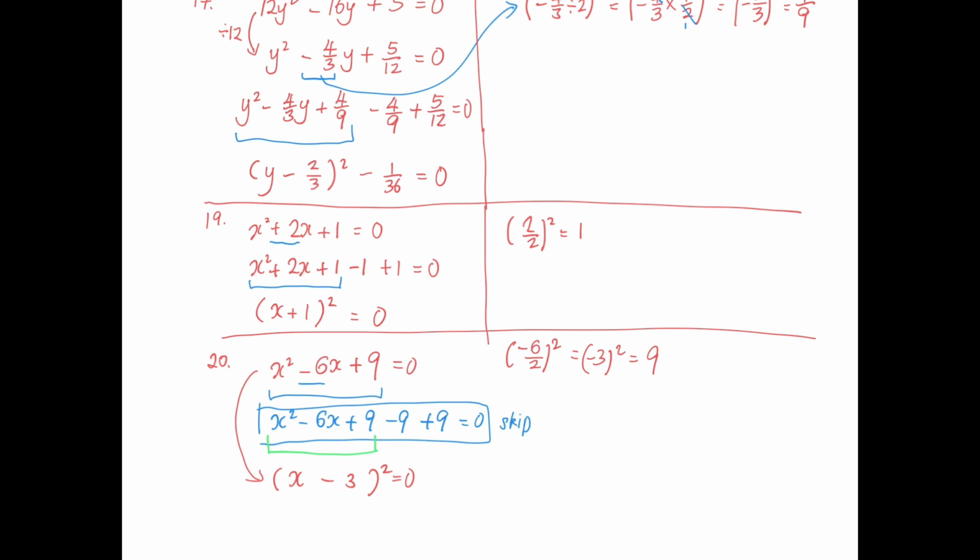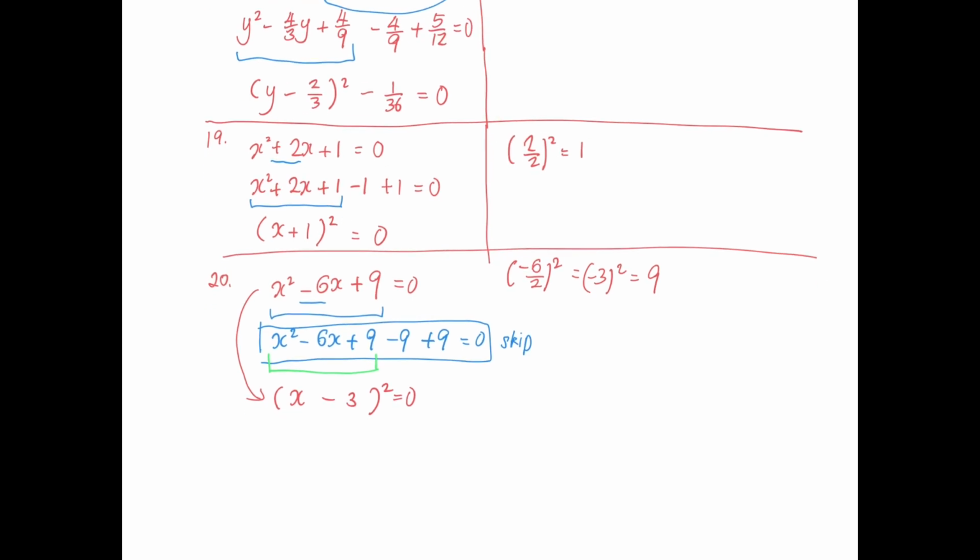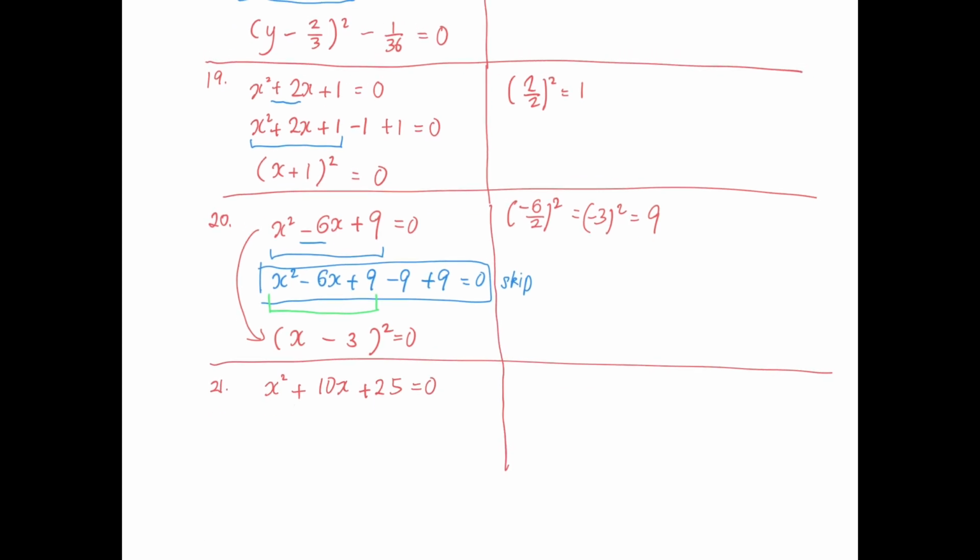Question 21 is x squared plus 10x plus 25 equal to 0. Again we focus on 10. 10 divided by 2, then you square it.